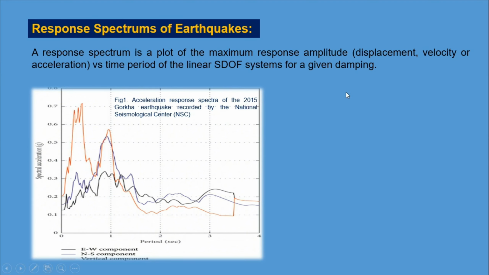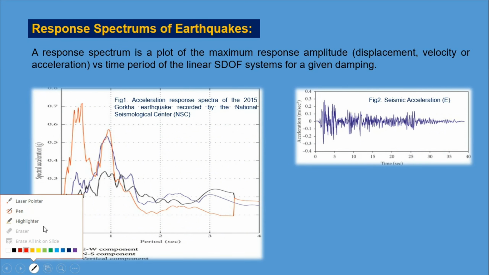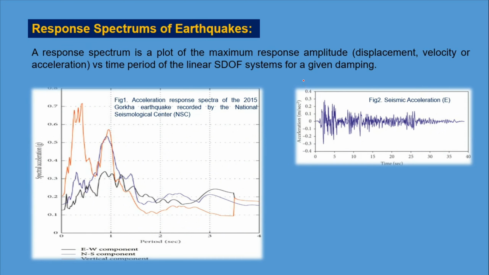To draw the response spectrum for an earthquake, first we have to find the seismic acceleration. After that, we can consider a simple single degree of freedom system like this.